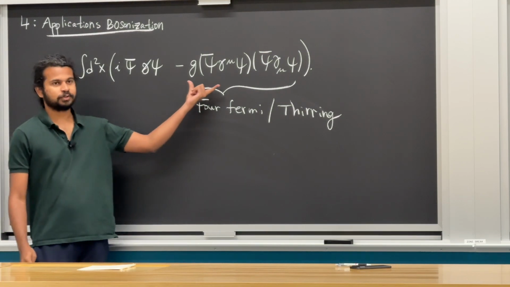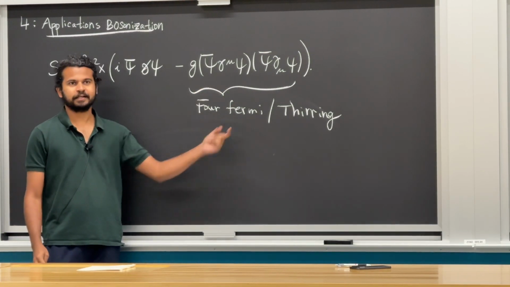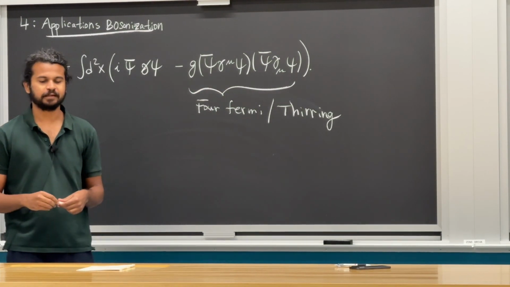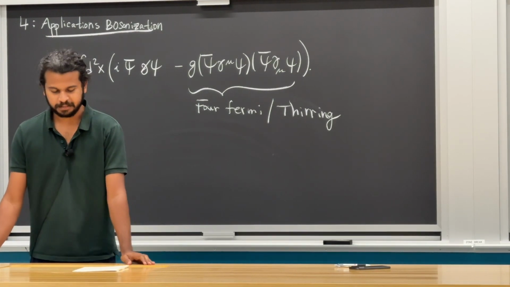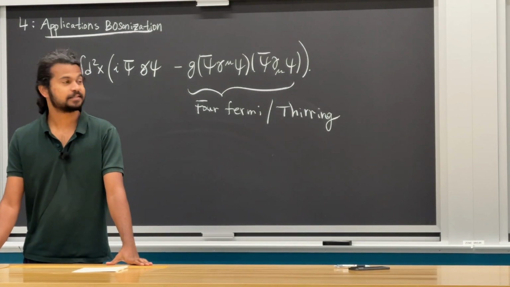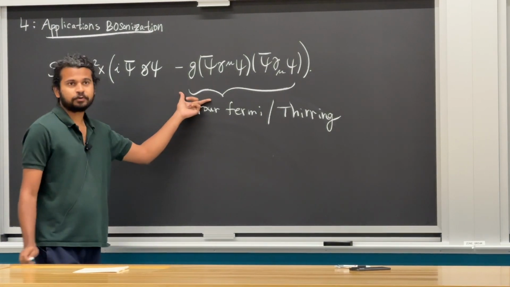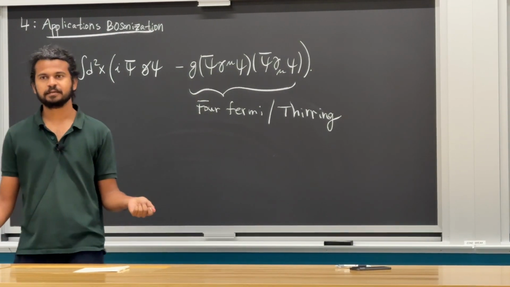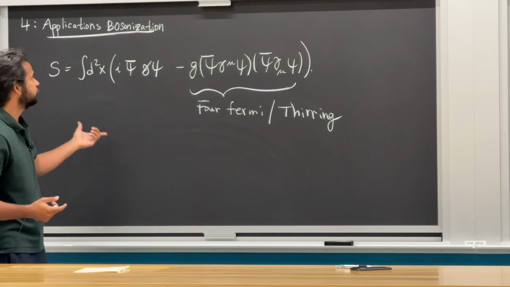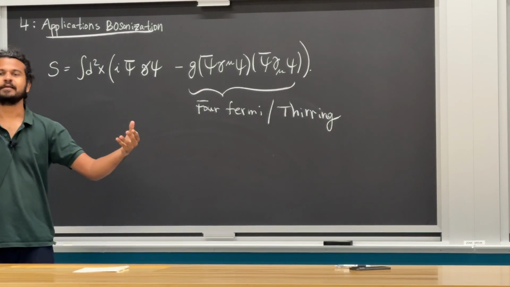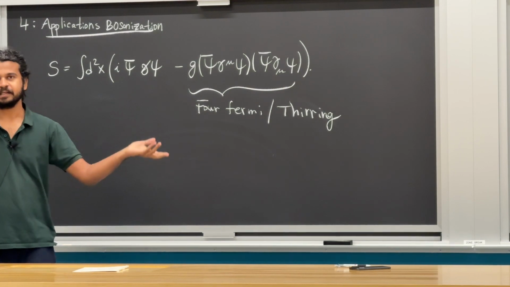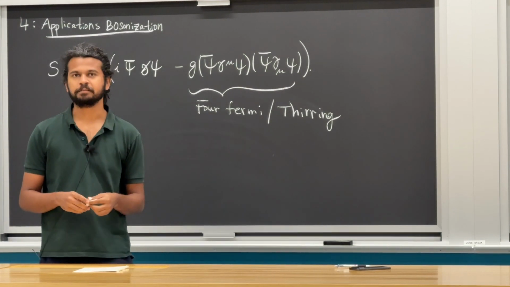Famously, this interaction was used by Fermi in 4 dimensions to explain beta decay, but as we might recall from our QFT lessons, this interaction in 4 dimensions is not renormalizable. So in 4 dimensions it is at most an effective theory, and then the UV complete theory was the Glashow-Weinberg-Salam model.